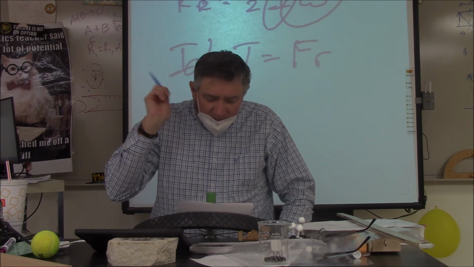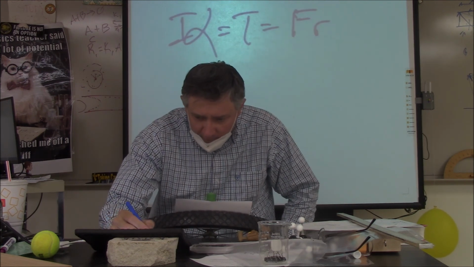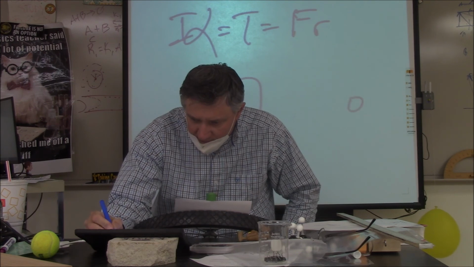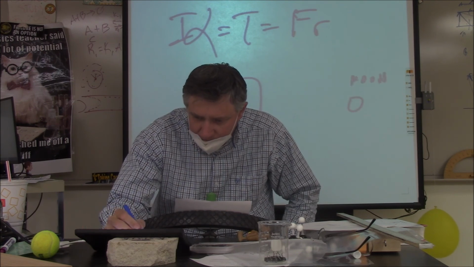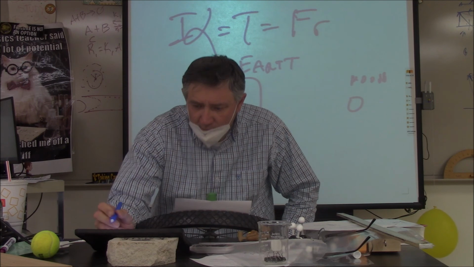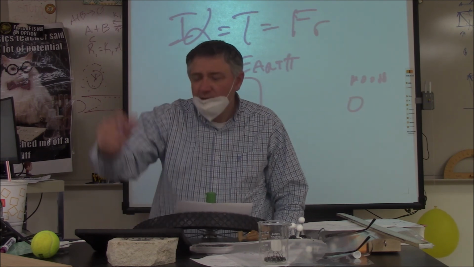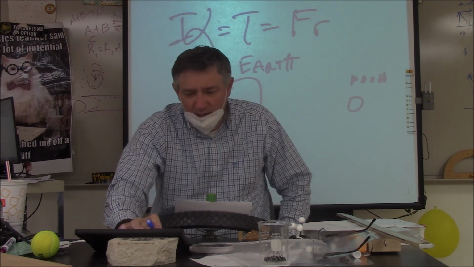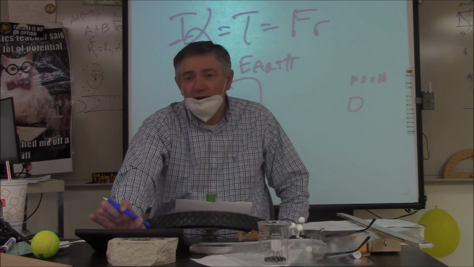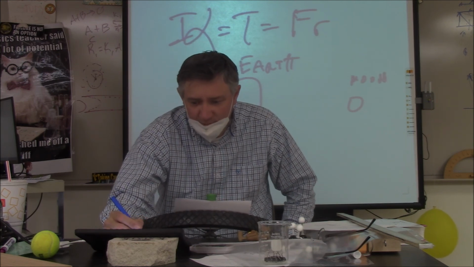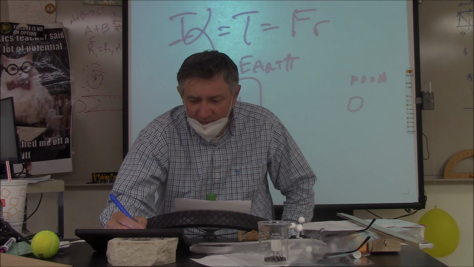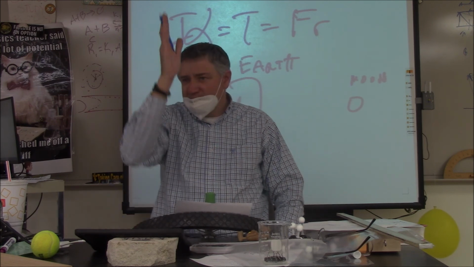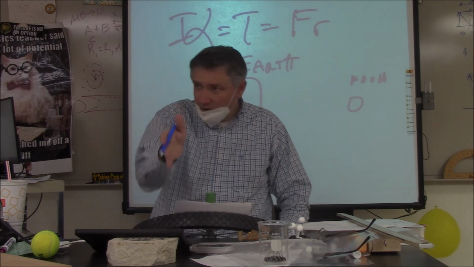Now, when you get to number 10, here's the Earth, here's the Moon, not to scale. You want to find the center of mass of the Earth-Moon system. Now, if you're clever, which you all are, you're going to let the position of the Earth be 0. Just start right there.